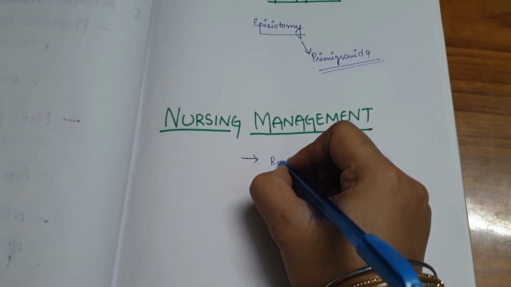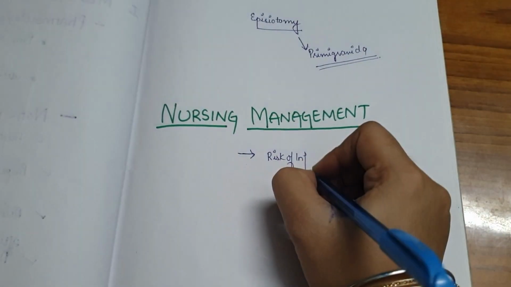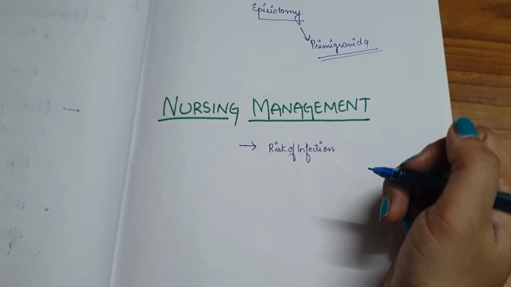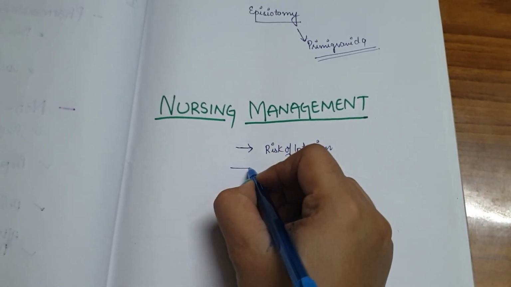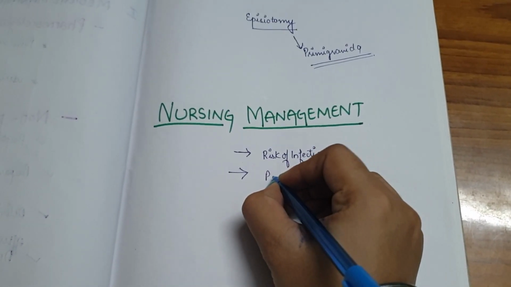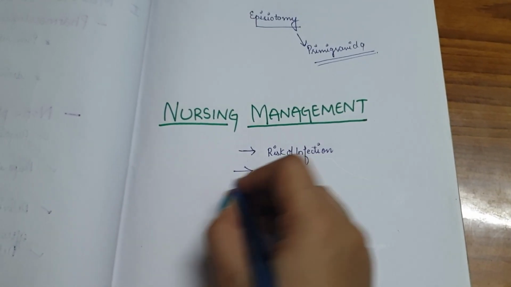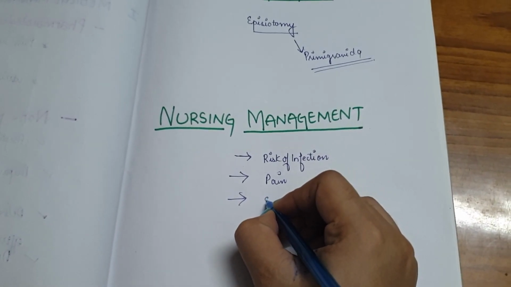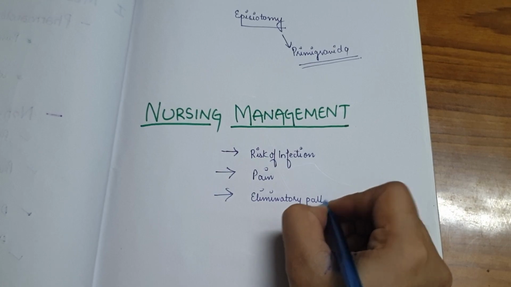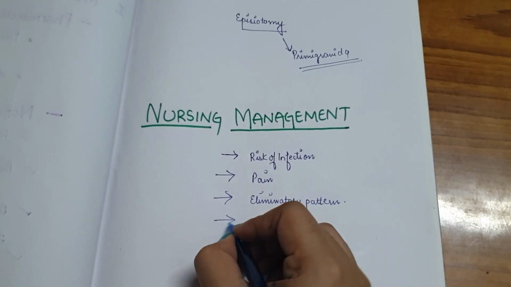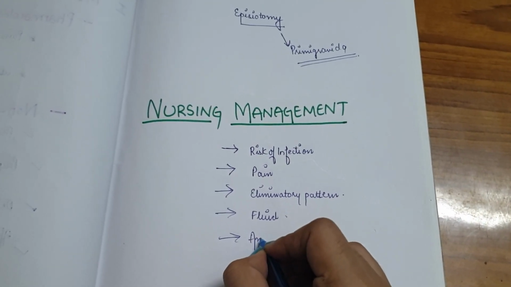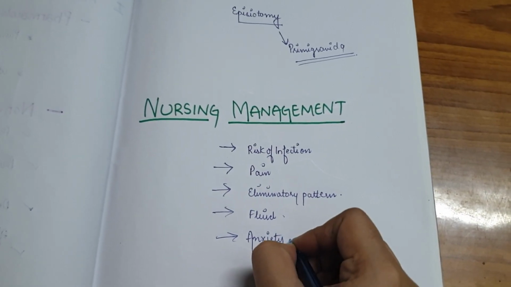First one is risk of infection, as there is more risk of infection because during the second stage of labor the mother can pass stools. Then you can make acute pain, impaired eliminatory pattern, impaired fluid and electrolyte balance, anxiety, and so on.